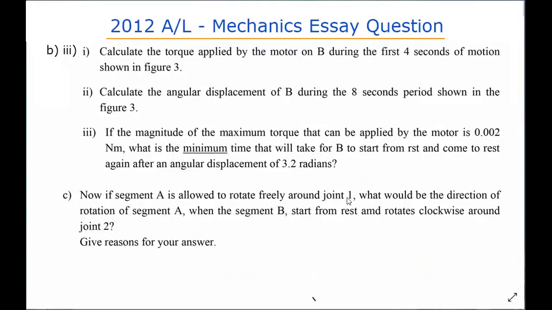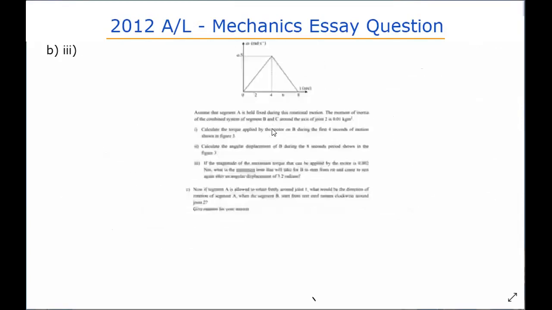Earlier, we had applied a brake and had the mechanism to stop the segment A when B is rotating. Now A is free to rotate. Give the reason for your answer.